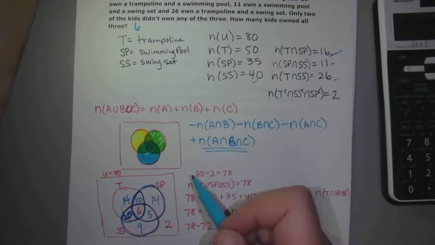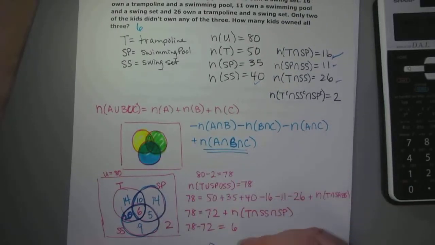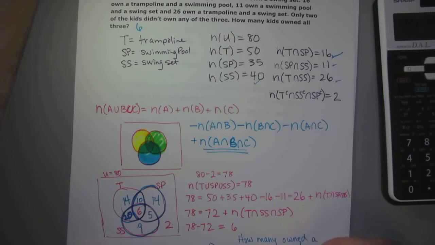And I could ask other questions. Say, for example, how many owned a trampoline but not a swing set or swimming pool.